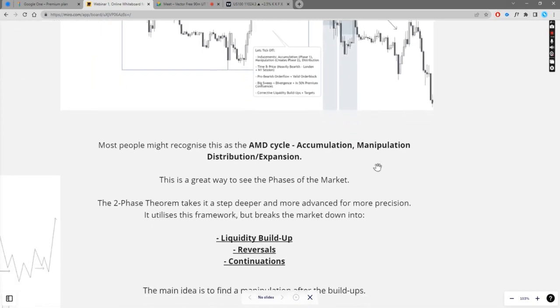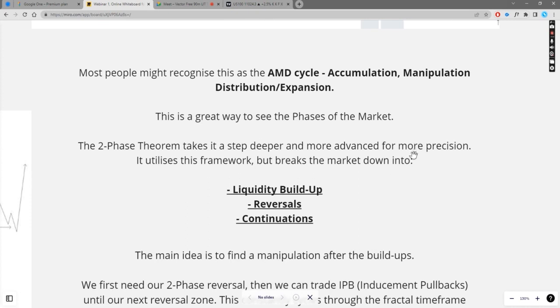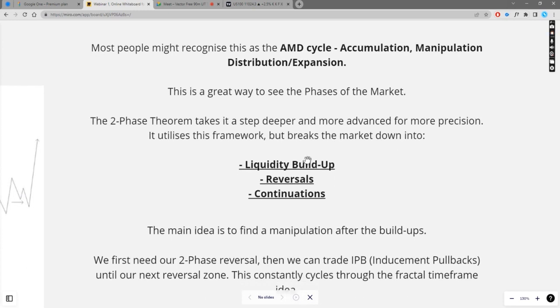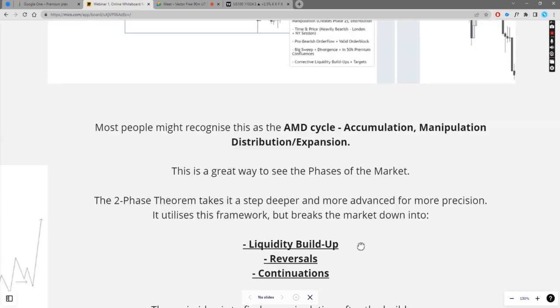Okay. So people might recognize this as the AMD cycle. Okay, so you got your accumulation, manipulation, distribution, or expansion. And it's a great way to see the phases of the market. The two-phase theorem takes it a step deeper and more advanced for more precision. It utilizes this framework but breaks the market down into liquidity build-up, reversals, and continuations.